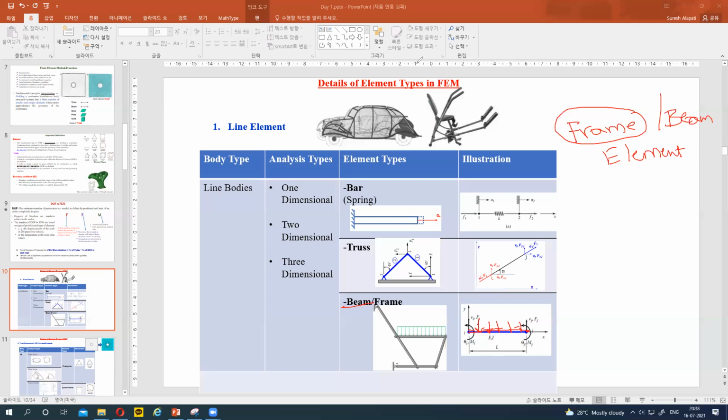So that is the line element. When we use line elements, the cross-sectional dimensions are very, very small compared to the length of the body, then we use a line element. We just work with a line body to save time.